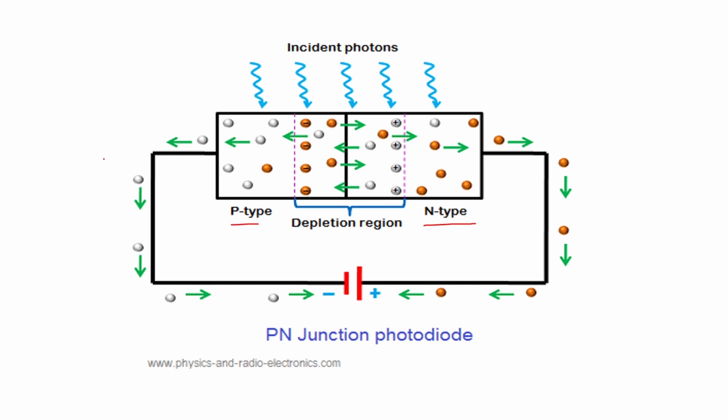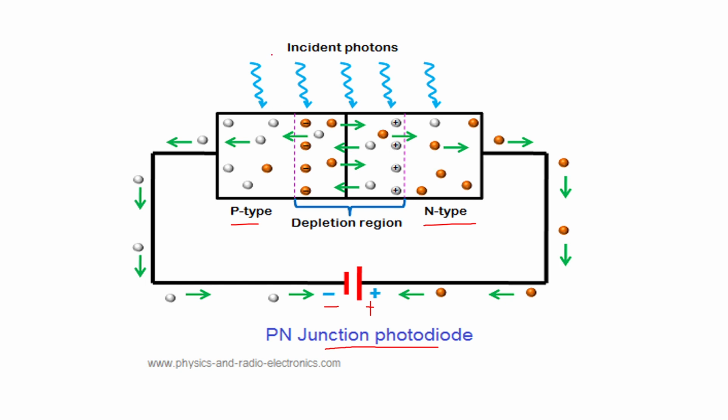We can easily see that the P-type semiconductor is connected to the negative terminal of the battery and the N-type semiconductor is connected to the positive terminal of the battery, which clearly tells us that the PN junction photodiode works under the principle of reverse biasing.